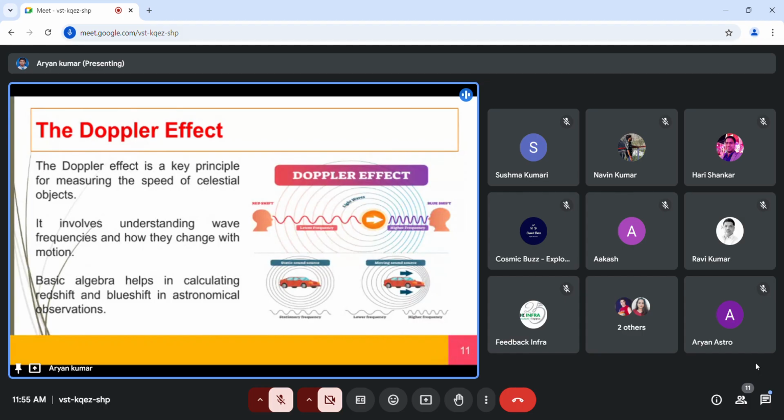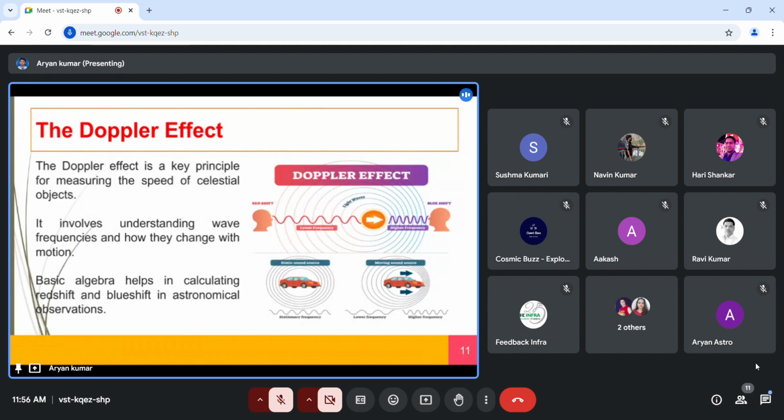There are two things, the redshift and the blue shift. As you can see in the picture, the person experiencing the redshift is experiencing lower frequency, and the blue shift person is experiencing higher frequency. Basic algebra helps in calculating the redshift and blue shift in astronomical observations.